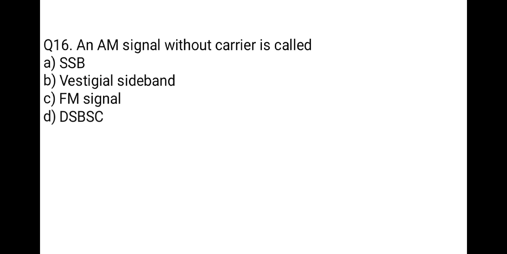The next question, an AM signal without carrier is called: first, SSB, second, vestigial sideband, third, FM signal, and last one is DSBSC. And the correct option is DSBSC, meaning double sideband suppressed carrier, and we know that suppressed means removed or without carrier. So the D option is correct.